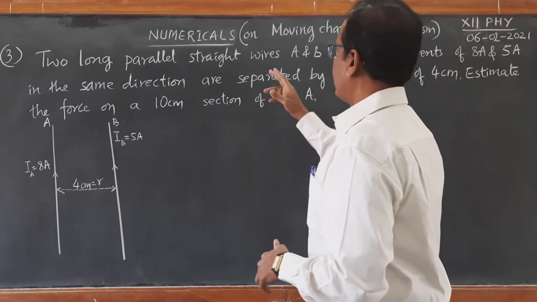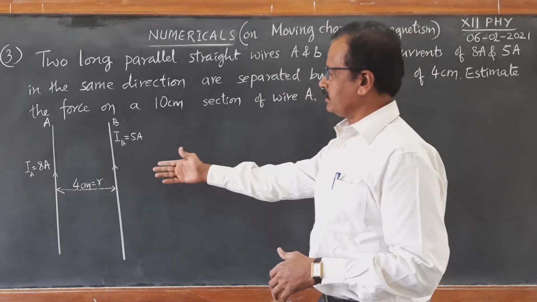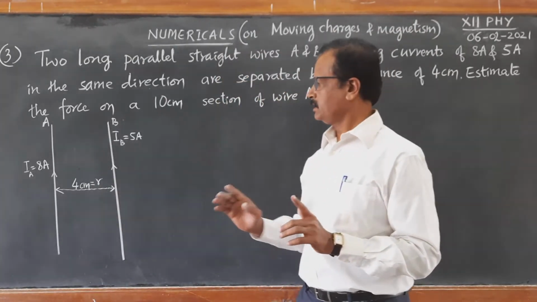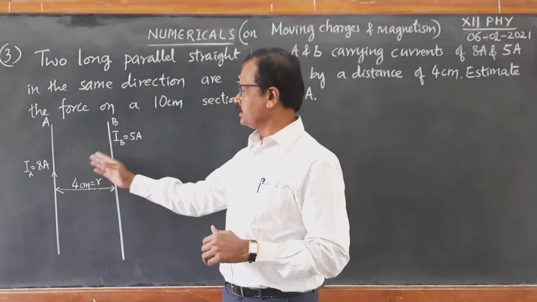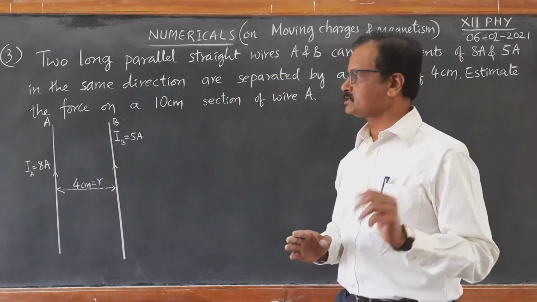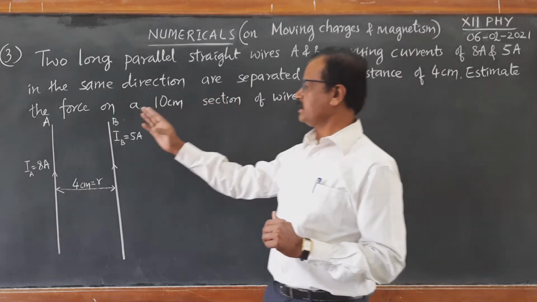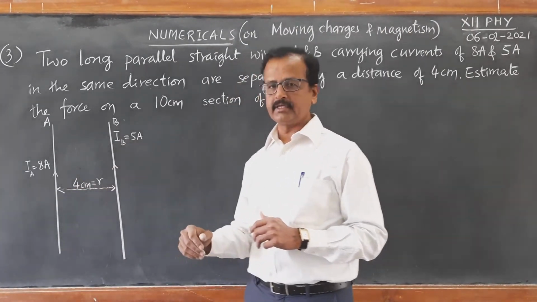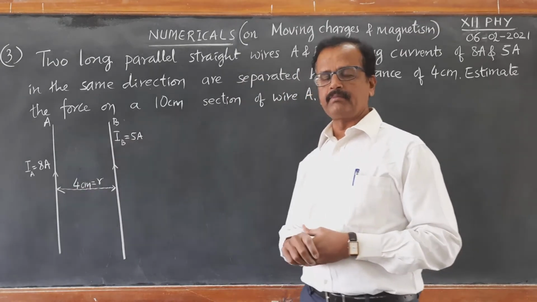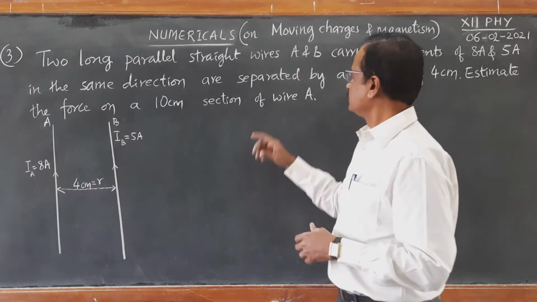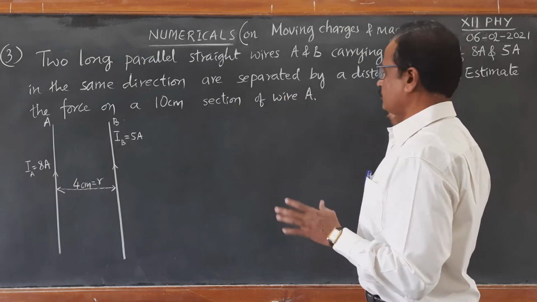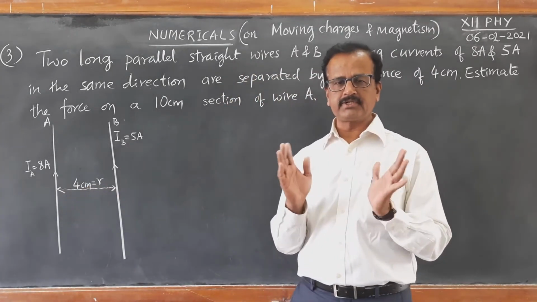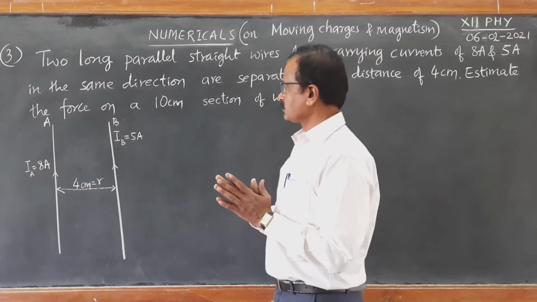There are two parallel straight wires A and B carrying currents 8 amperes and 5 amperes respectively. The current through conductor A is 8 amperes and through conductor B is 5 amperes. The perpendicular distance of separation between them is 4 centimeter.